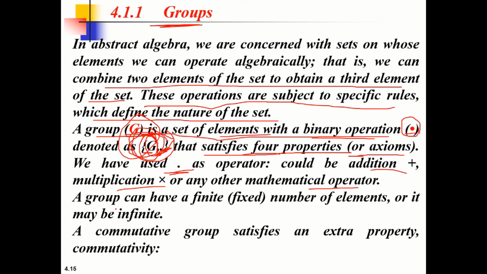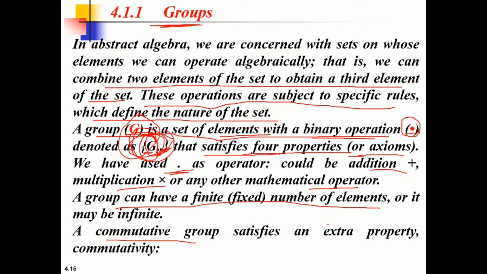A group can have a finite number of elements or an infinite number of elements. If it has a finite number of elements, we call it a finite group. If it has an infinite number of elements, we call it an infinite group. About the commutative group, I'll tell you later.